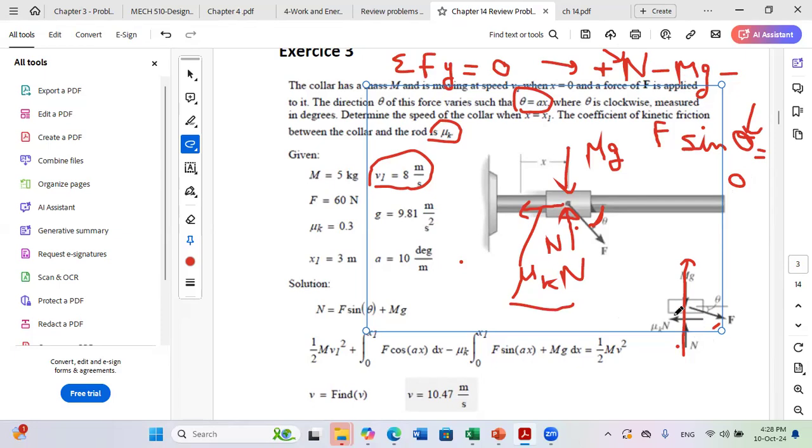Okay? So now all I have to do is to replace in the principle of work and energy. The initial kinetic energy is half mv1 square. The forces doing work are first F, but because the direction is variable, to get the work of F, I perform integration from the initial position, which is x equals 0 to x1, of F cosine theta dx, minus mu k. Now here, since N also is varying, I should integrate N dx, and N, as we have developed, is F sine theta plus mg, equal to half m v final square.